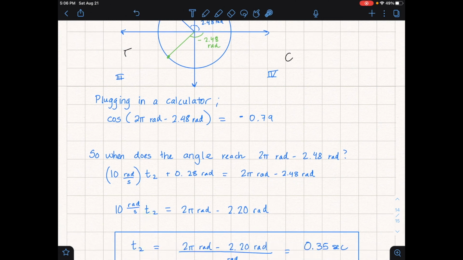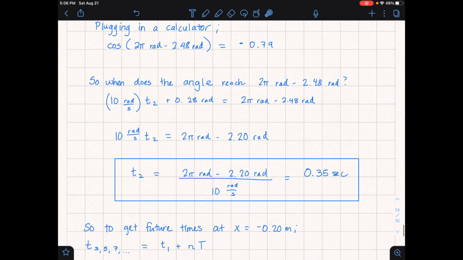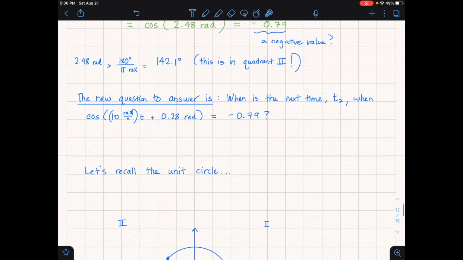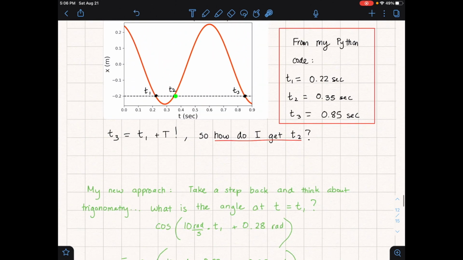And if you solve for t2 this time, you do indeed get 0.35 seconds. So indeed, this is how you would get the second time when the block reaches negative 0.20 meters. And then the third time is just 0.22 right here plus a period.